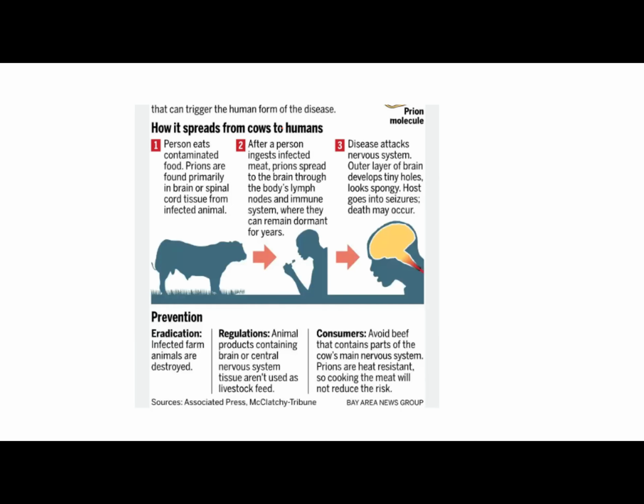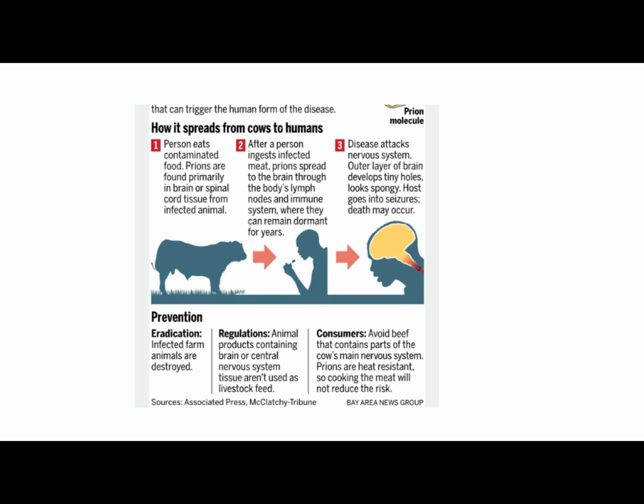Now, mad cow disease, class, is known to spread to humans. When a person eats contaminated food, especially if the person likes to eat the brain of cattle, in some cases it is sipped, class. It is not like marrow. But there are some parts of the country that eat the brain of the cattle.